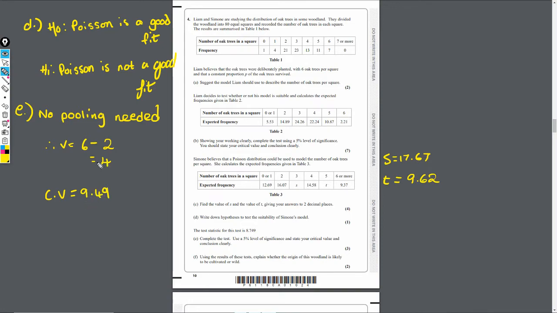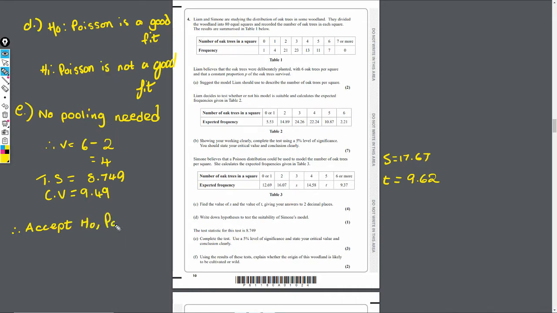So this time, my test statistic is smaller because it's 8.749. So because it's smaller, we have to accept here. So therefore, accept H0. So that means the Poisson is a good fit.